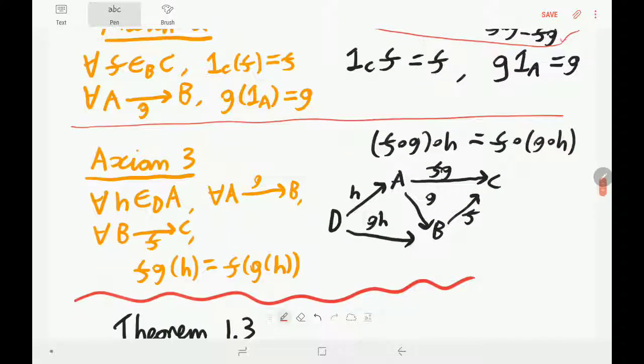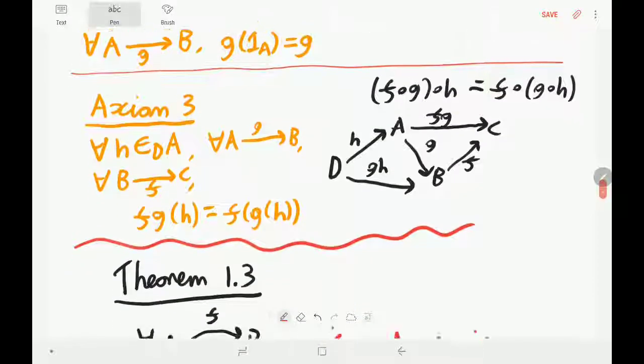And then the third axiom, this is associativity. In terms of generalized elements, we'd say for any H from D to A, for any G from A to B, for any F from B to C, we have FG of H is F of G of H, okay? So that's our associativity condition.